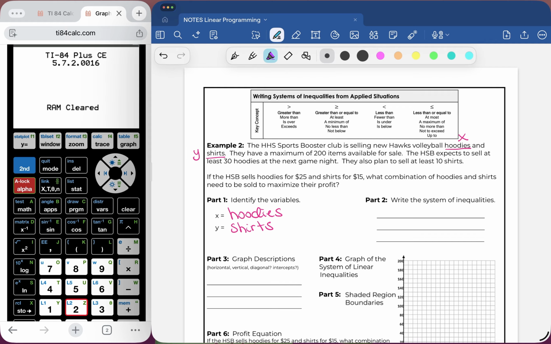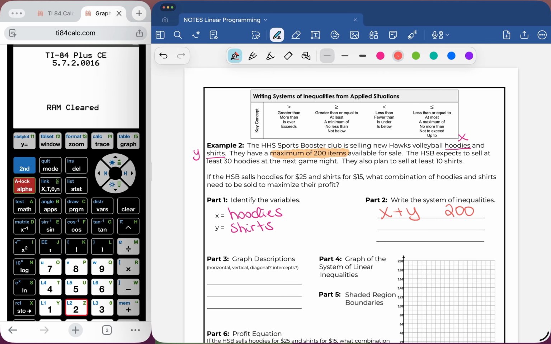So let's see what we've got in our story. It says they have a maximum of 200 items available. So those 200 items include both the hoodies and the shirts. So together, we're going to represent that as an X plus a Y. And we have a maximum of 200.